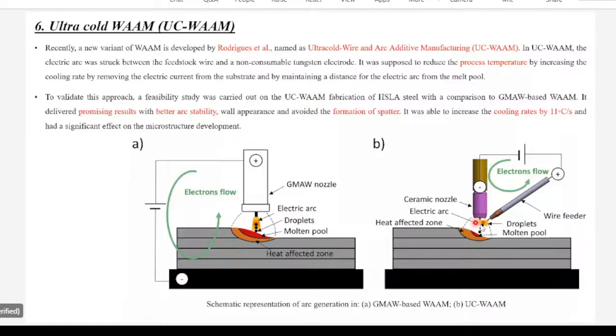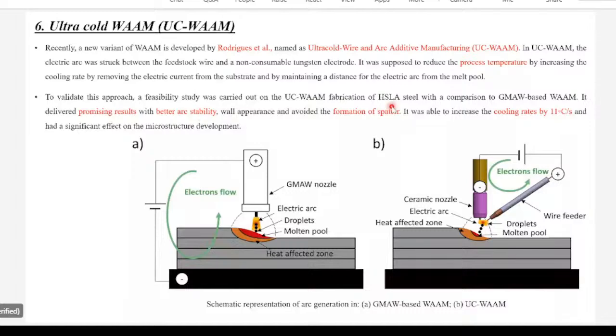As this has been reduced, the coldness is a comparative term. It's not a cold molten pool, but the molten pool size has been reduced so that colder, lower temperature, low heat input layers can be fabricated. To validate this process, a feasibility study has been done with HSLA steel.